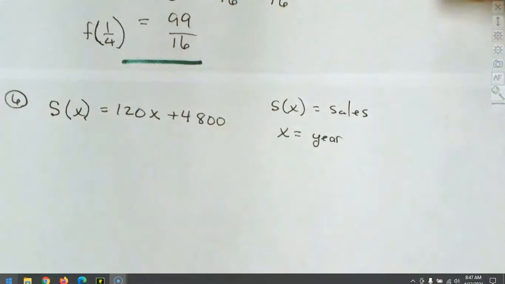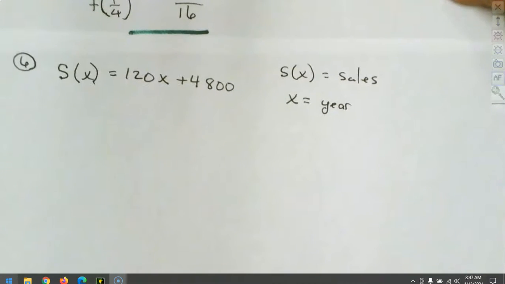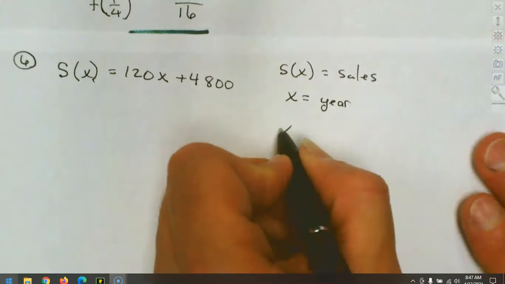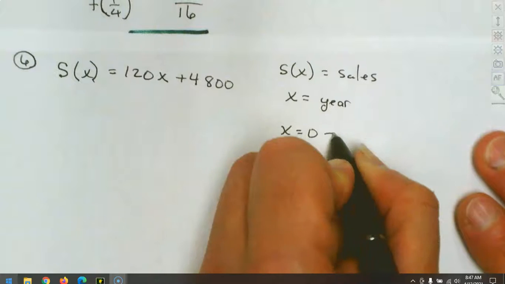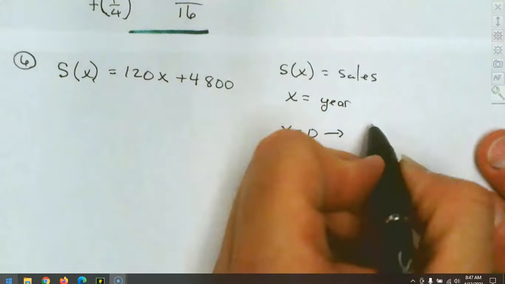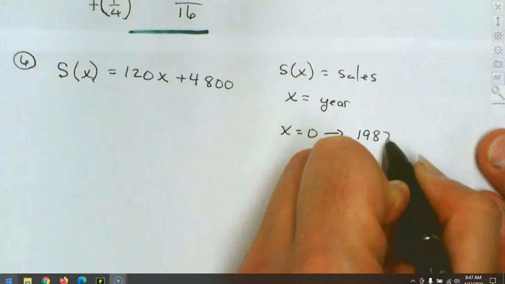Now, we're going to use what's called key data. It makes it easier than plugging in huge values of x. We key the data to a starting point. So we say that x equals 0 goes along with 1982.